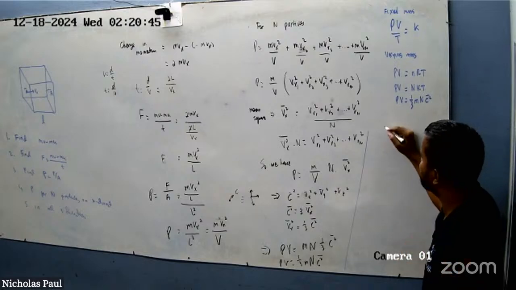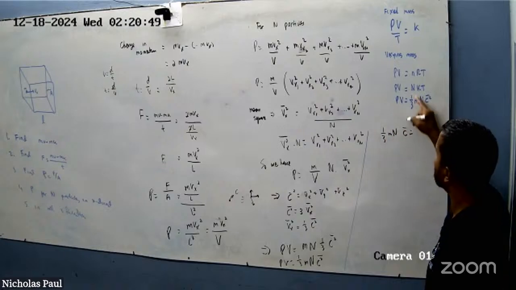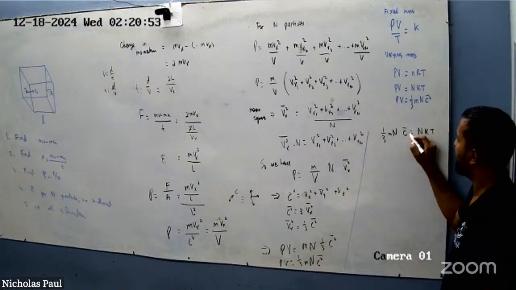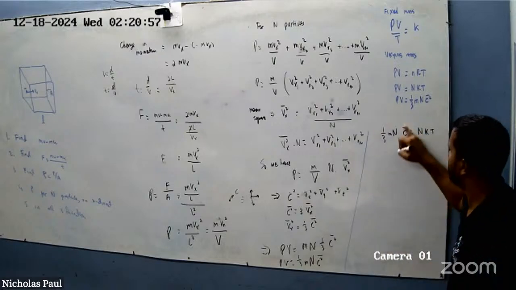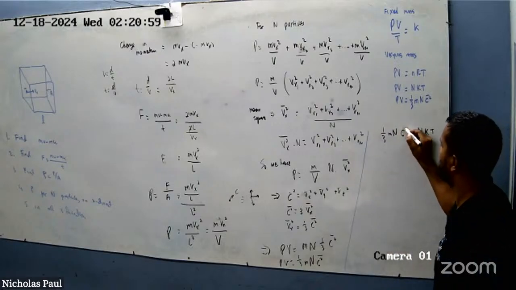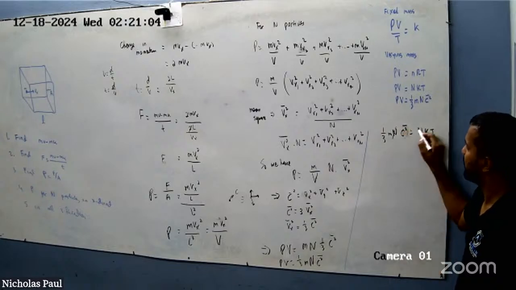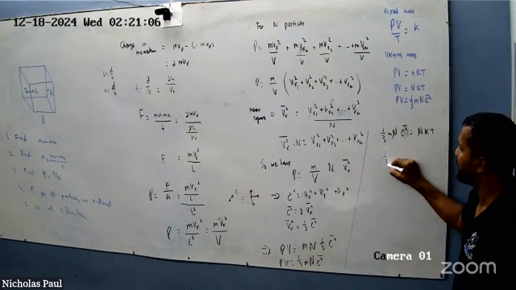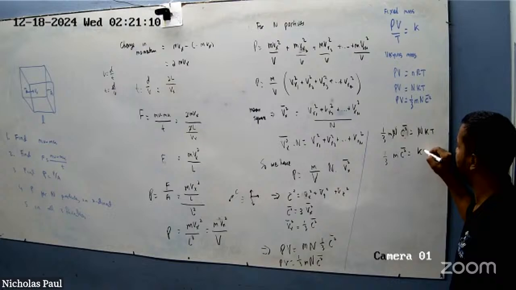So it means that 1/3 mn mean squared is equal to nkT. What will happen with the n's? They cancel. Right? And you'll get 1/3 m mean square is kT.